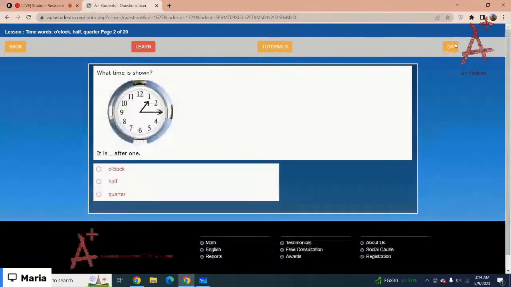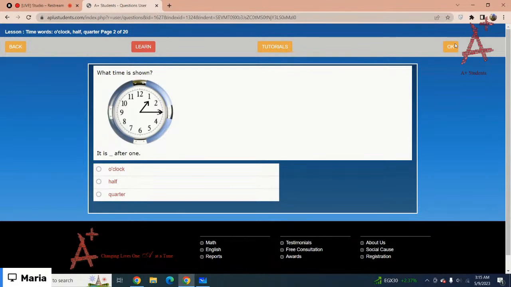Okay, what time is shown? So you can see the hour hand points to 1 and the minute hand points to 3. That means it is 1:15.